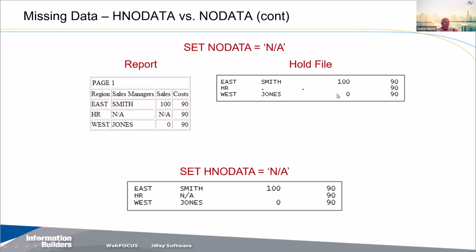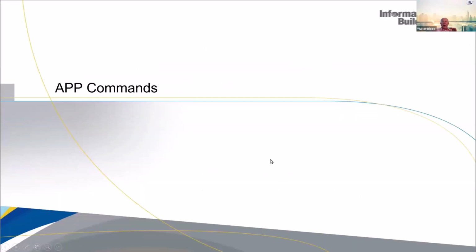Basically it ends up with dots here. If I set HNODATA equal to NA, my hold file all of a sudden has my NA in it, and I don't have to worry about it. I know exactly what I'm dealing with, right? All right. Any questions about my friend missing data, which has been the bane of my existence?